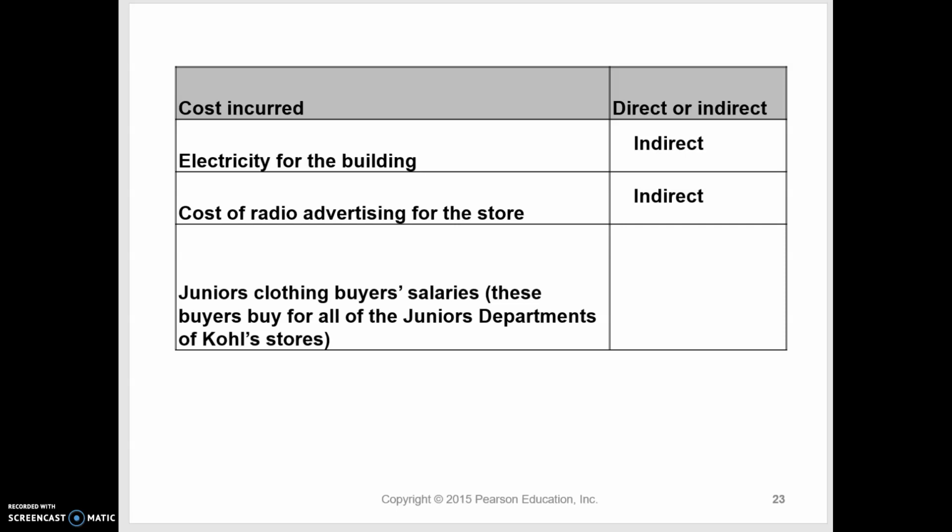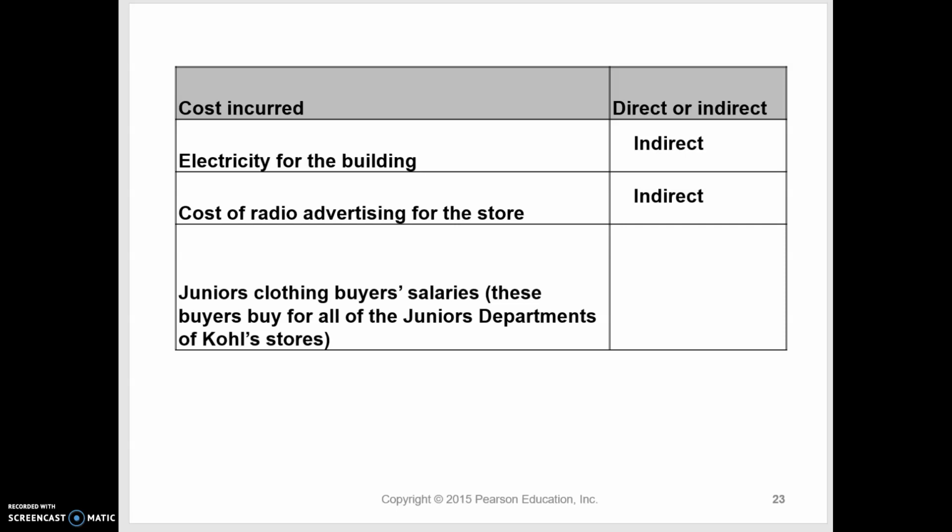The juniors clothing buyer's salaries. Now, this has to do with juniors. However, the clothing buyer would be the person in the corporate office, right? Kohl's corporate office is in Wisconsin. So there's somebody who is the corporate buyer for all of the juniors departments. So they pick out which fashions and what have you they want in their stores.